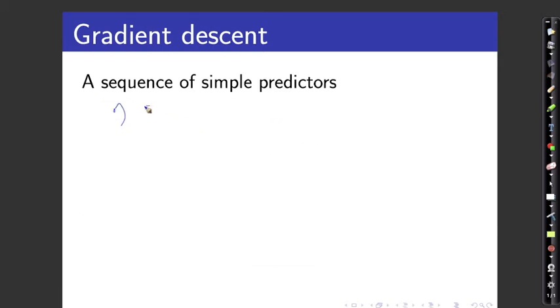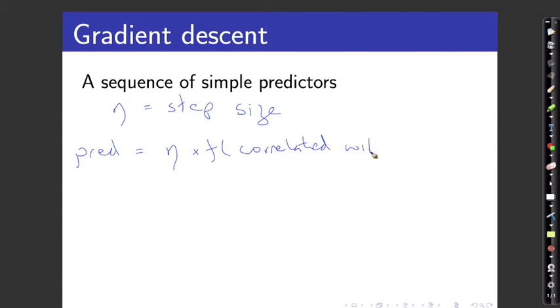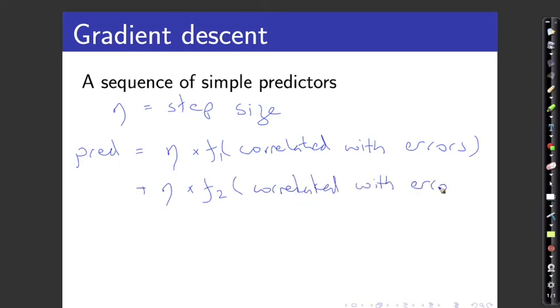If we call the step size eta, then the prediction is going to be equal to the step size multiplied by a function which is correlated with the errors, plus eta, which was another step, times another function which is correlated with the errors at this stage, times another function.